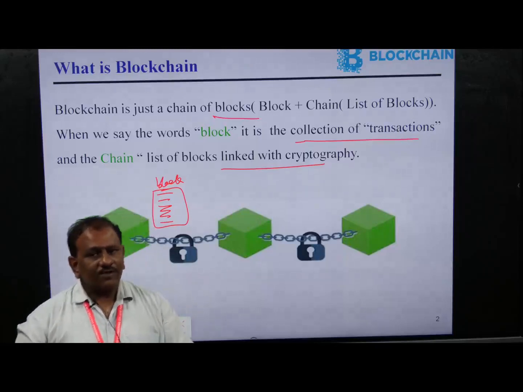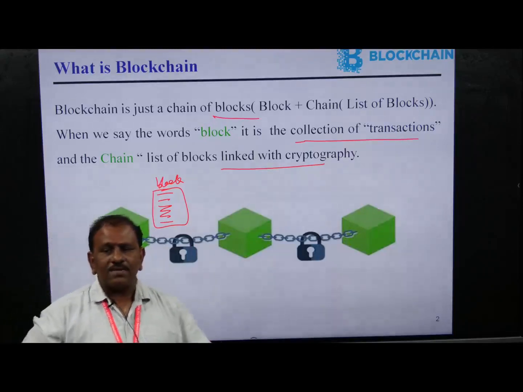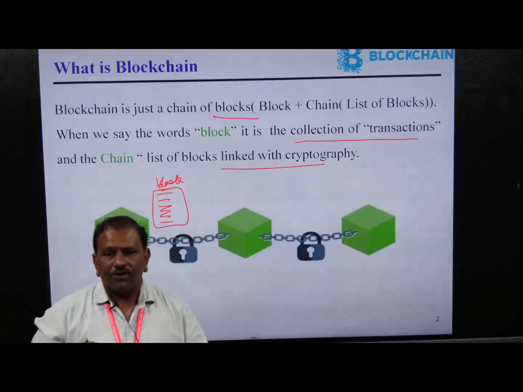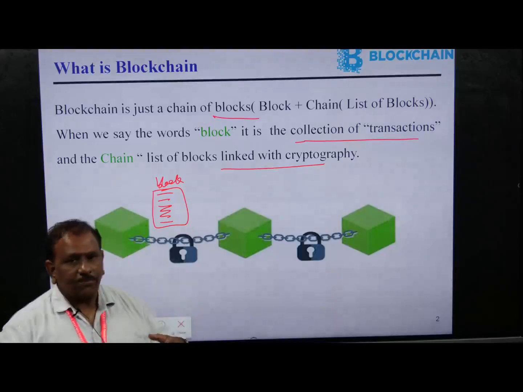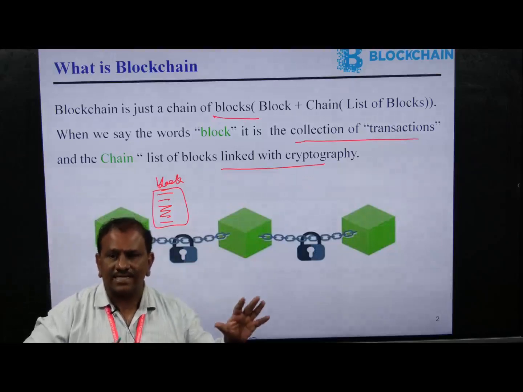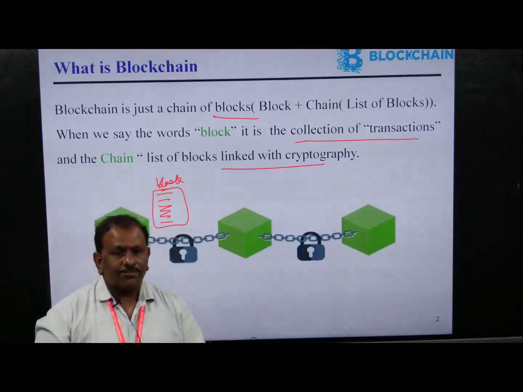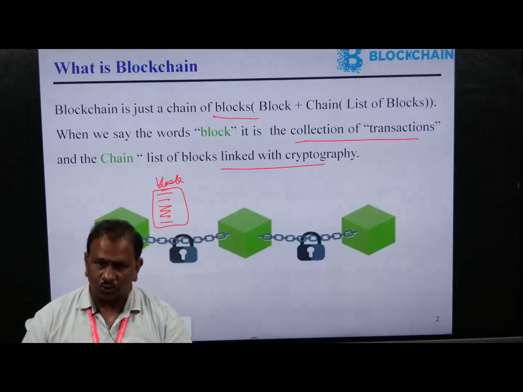How many transactions can we store? Generally, that depends upon the type of blockchain we are using. Here I am not talking about the size of the block as of now, but the number of transactions, for ease of use.